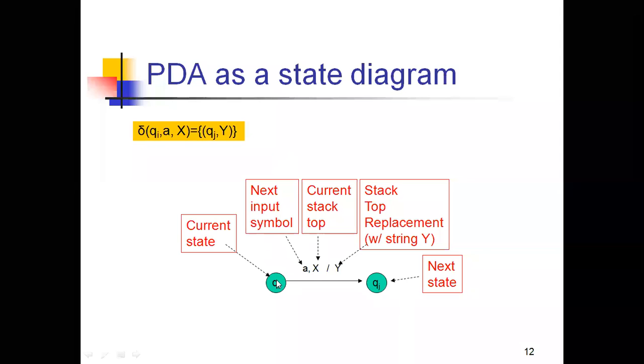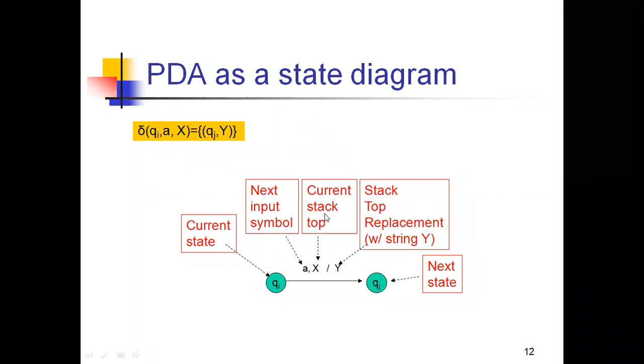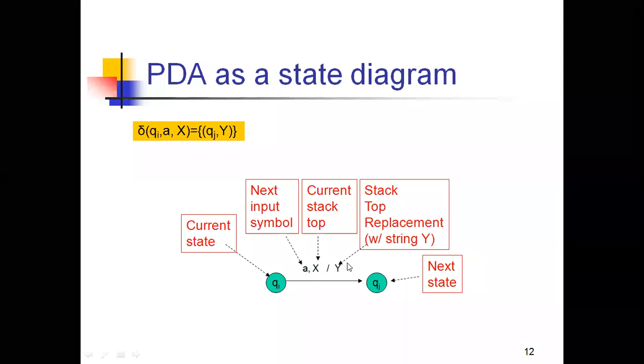So here qi is the current state, a is the next input symbol, and x is the current top of the stack. And y is nothing but the stack top replacement string y.